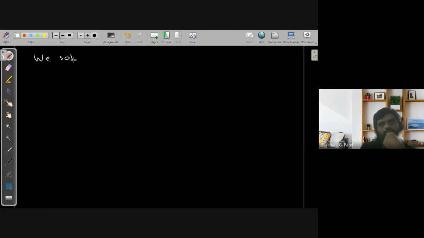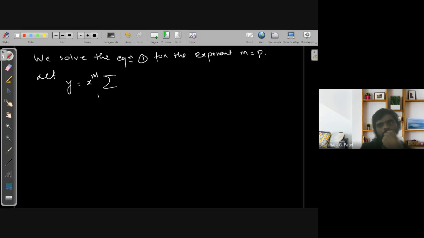We solve equation 1 for the exponent m equal to p. So let y equal to the summation over m of x raised to m, summation n running from 0 to infinity of a_n x raised to n.